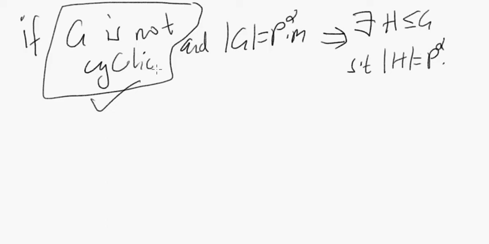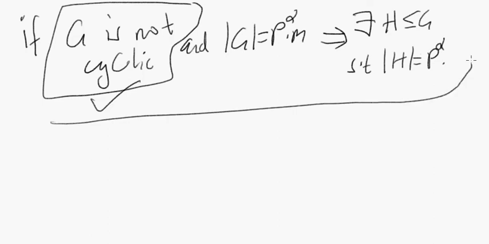If we're not able to work in general, then we'll go back to hopefully a different special case. Let's look at the strategy so far. Let's try to see if we can prove this general case where if G is not cyclic and the order of G equals p to the alpha times m, then we have a subgroup of order p to the alpha. Let's try that. And if this strategy turns out to not be promising, then we'll try this instead.